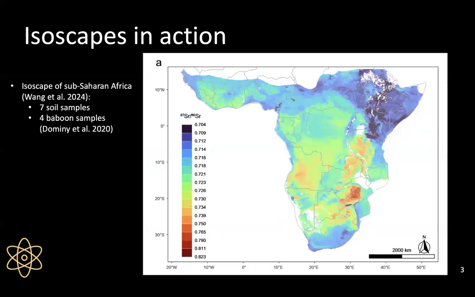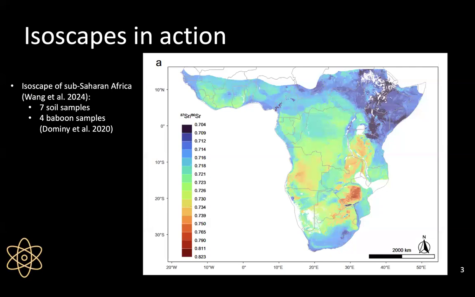Most notably, this recent strontium isoscape for all of sub-Saharan Africa, published by Wang et al. 2024, is an impressive example of this. However, I want to highlight that as massive as this study is, these are predicted values based on machine learning and random forest generation.